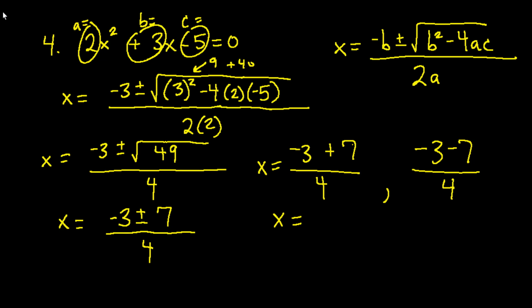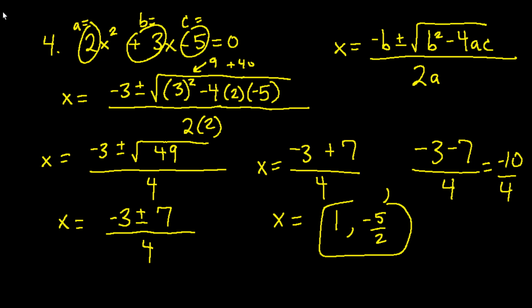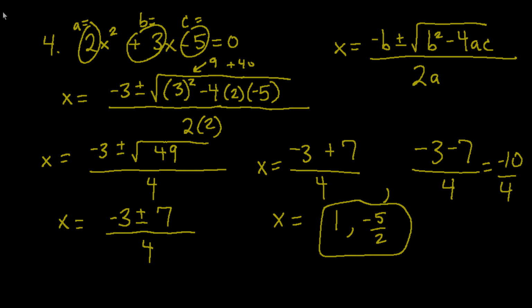So negative 3 plus 7 is 4, and 4 divided by 4 is 1. So that's one of our answers. And negative 3 minus 7 is negative 10 over 4. Negative 10 fourths simplifies to negative 5 halves. So our two answers are 1 and negative 5 halves.